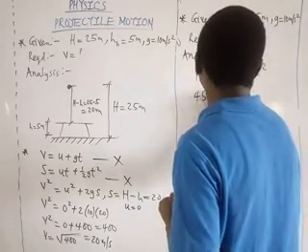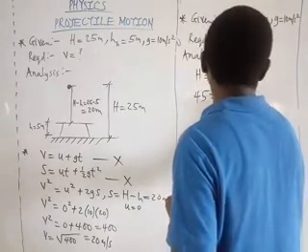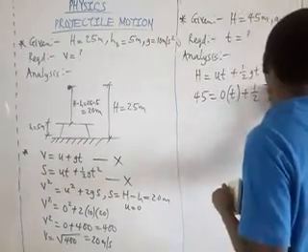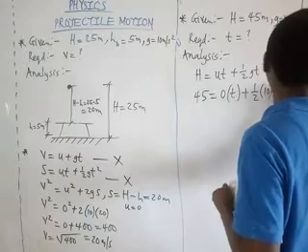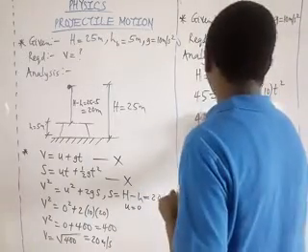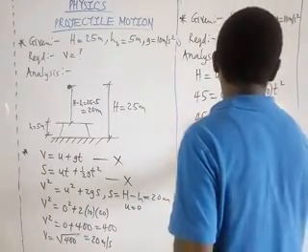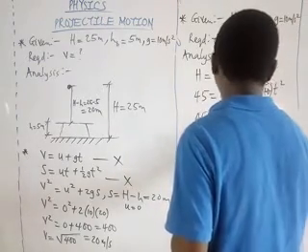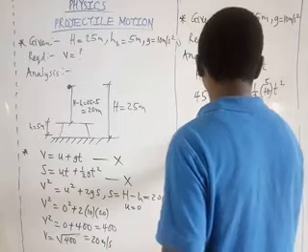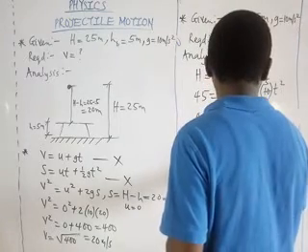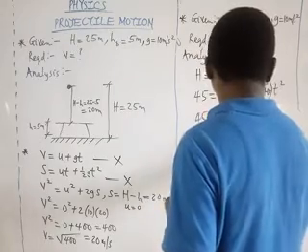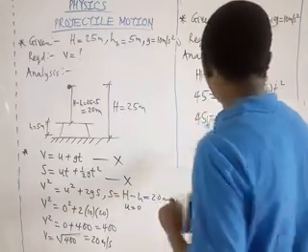So if I put 45 here, I will have 0 times t plus 1 over 2 times 10 times t squared. 45 is equal to 0 plus, if you cut 2 and 10, you have 5t squared. So this gives us 45 is equal to 5t squared. So what do we do? Divide both sides by 5. This will give us 9.